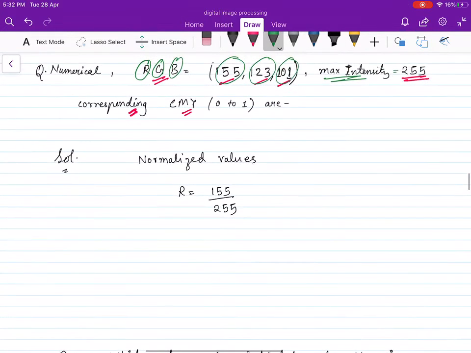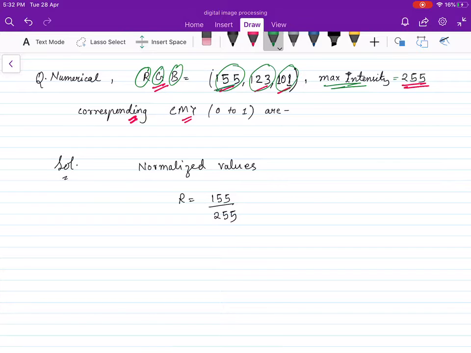So the normalized value of R is 155 divided by 255, which is given by 0.607. Similarly, for green it is 123 divided by 255, which is equal to 0.48.